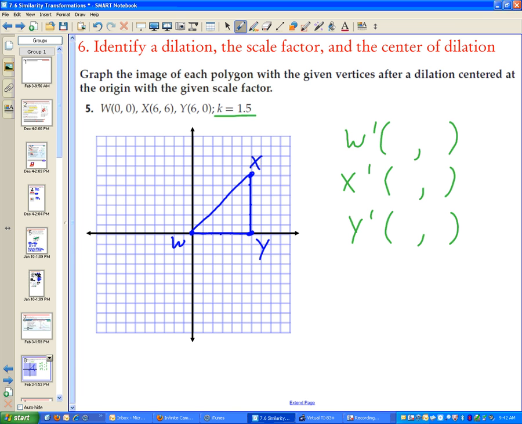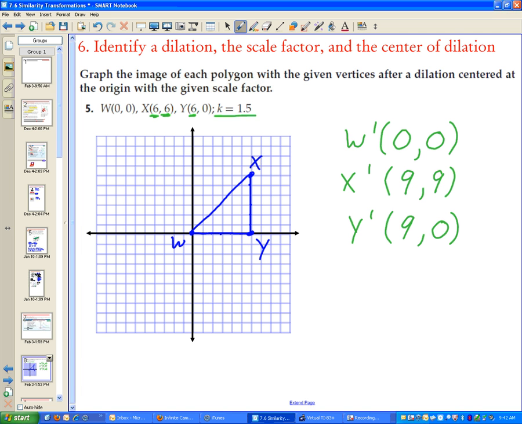So, if I multiply 0 by 1.5, I still get 0. There and there, and in fact, there. What's 6 times 1.5? Oh, come on. 9. So when I multiply that 6 times 1.5, it becomes a 9. That 6 times 1.5 becomes a 9. That 6 times 1.5 becomes a 9.